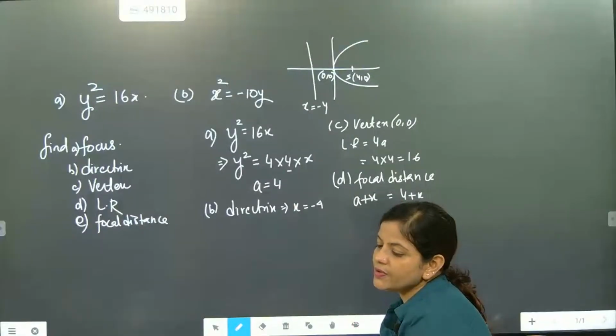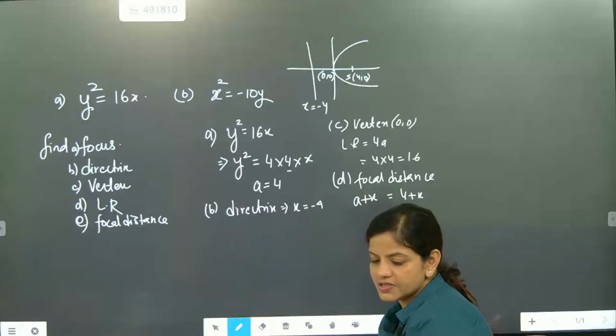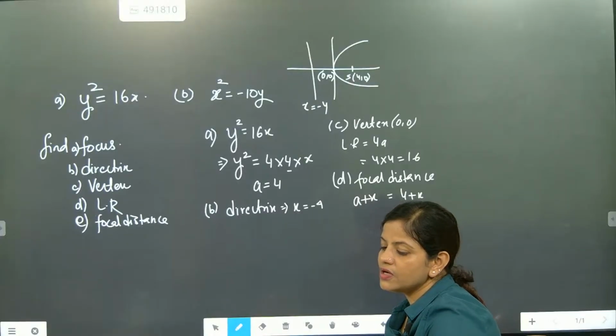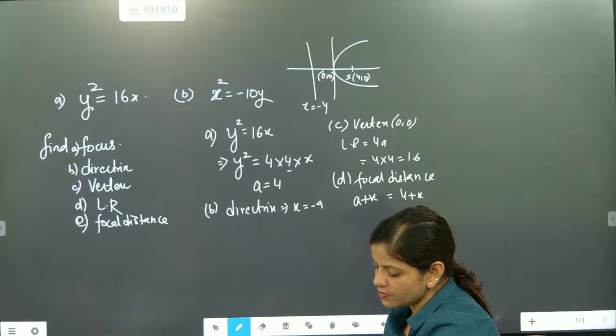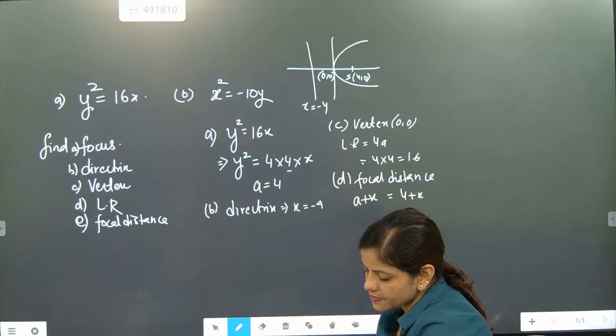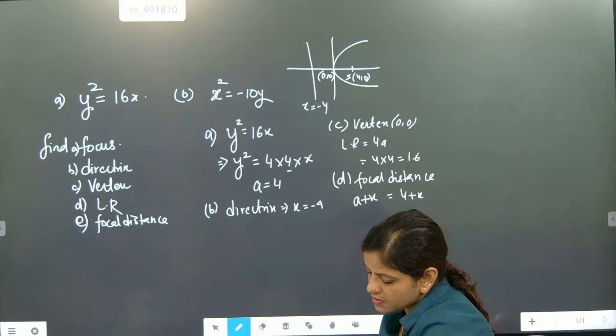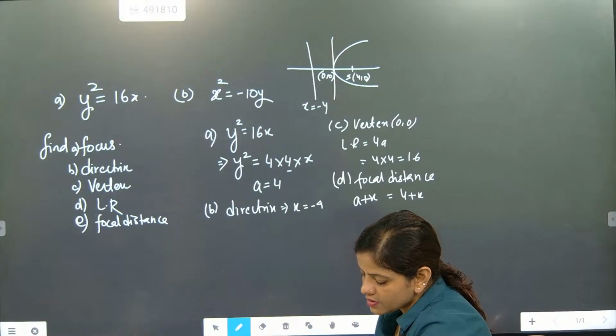Yes, 16 is absolutely correct, Sujata. So the last part is focal distance. Focal distance is coming as 4 plus 6. I hope you have understood this one.